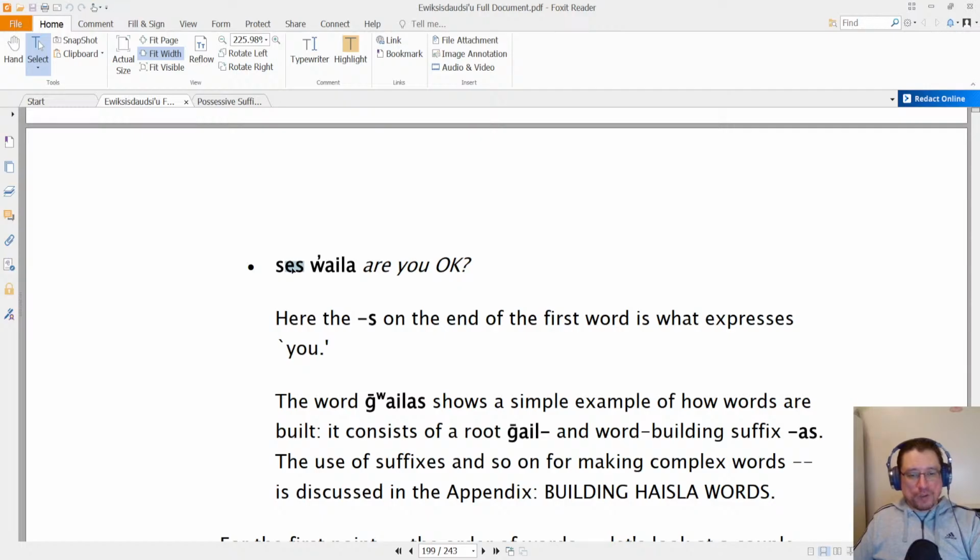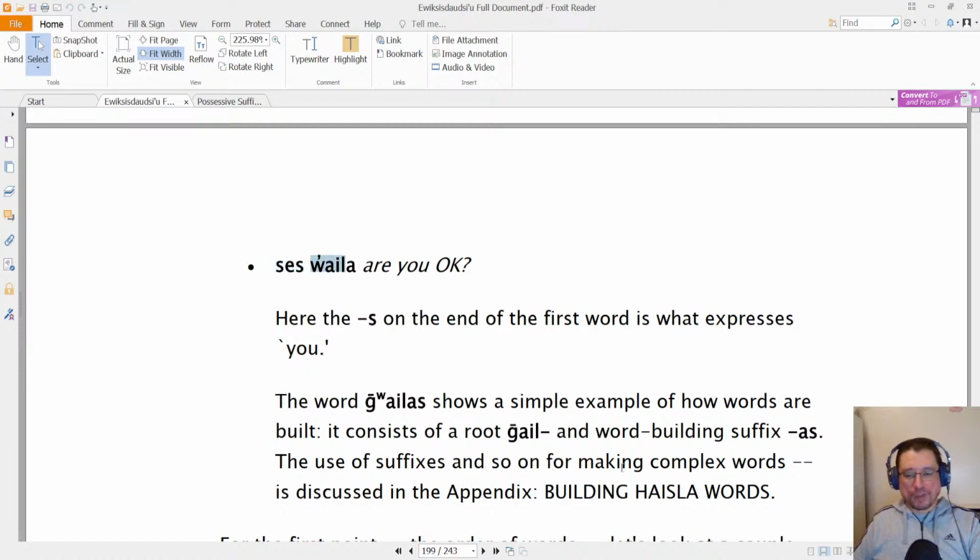So you change it to es, which means you. It's kind of like u, or kind of like us, but instead of the u, it's an e sound. So this us means you. So this basically means question you.